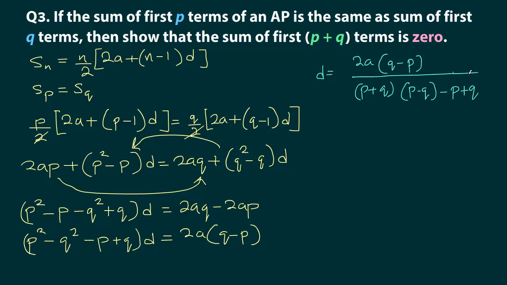Or we have d equals 2a q minus p over this.